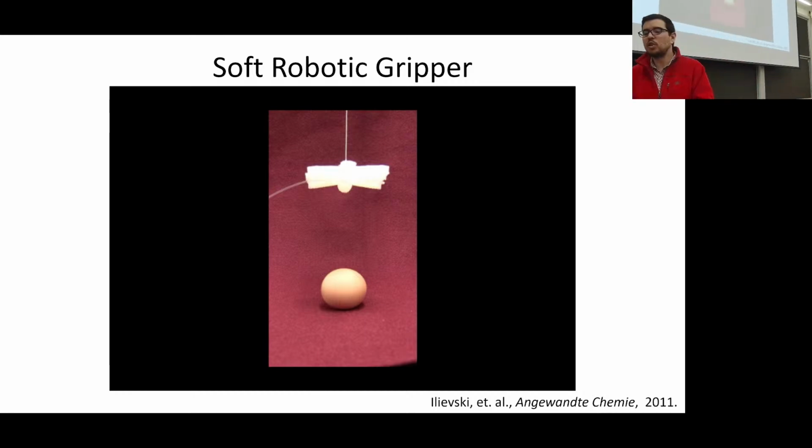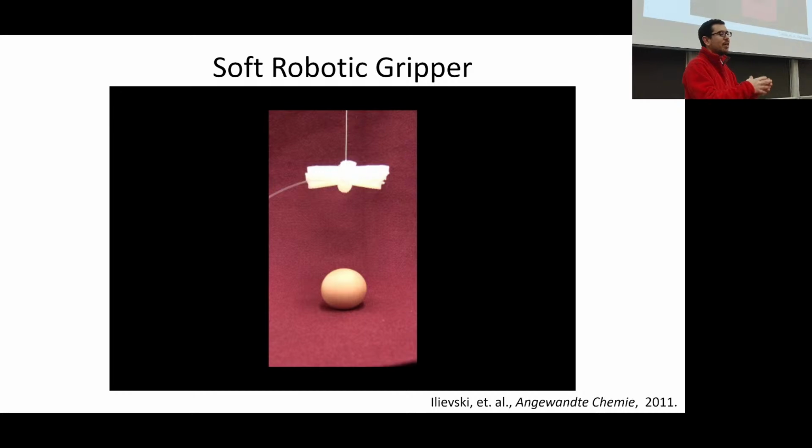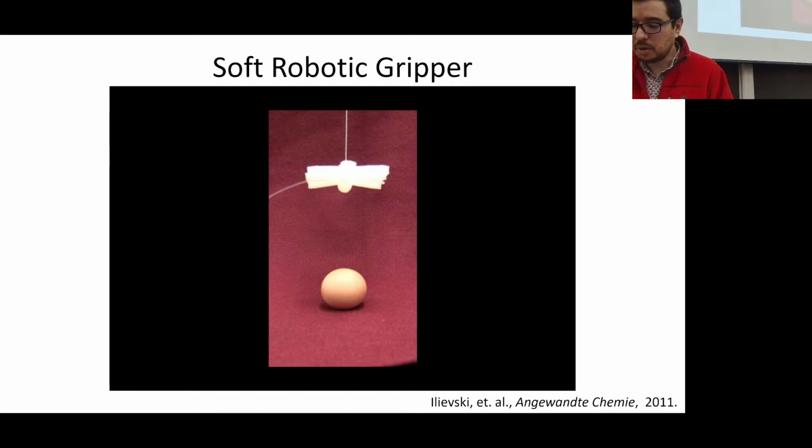Okay? So this approach is supposed to simplify the process of manipulating and gripping objects, because you have one input and you have many, many different possible configurations of the actuator.